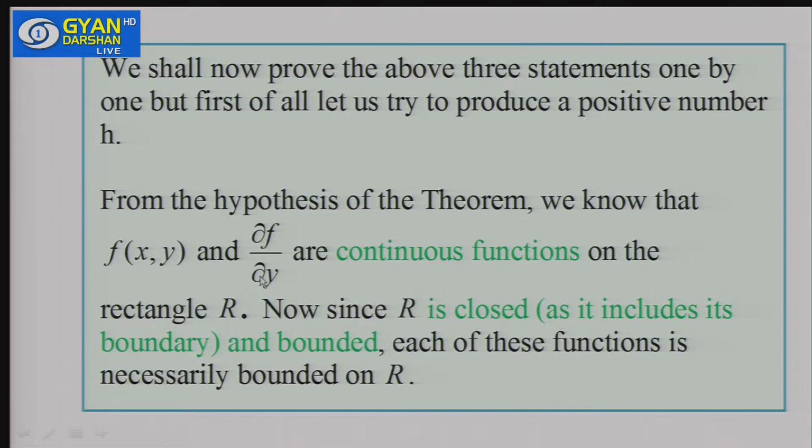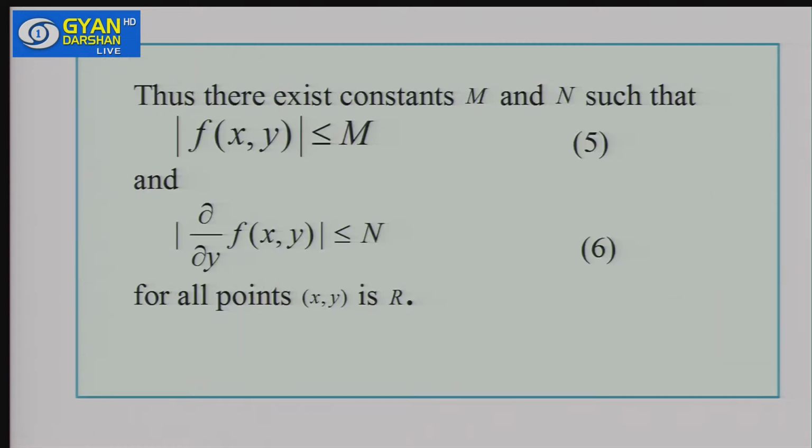And we all know that if a function is continuous in a closed bounded domain, then, since R is closed, see this is highlighted, R is closed, that is it includes its boundary, and bounded, then automatically the function becomes bounded. So this function f is bounded and del f del y is also bounded. We are going to use it to show the terms of the series are bounded.